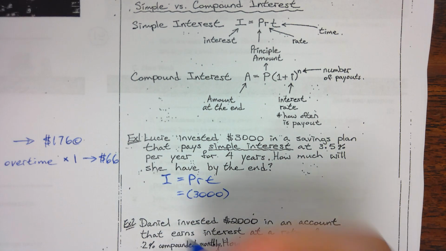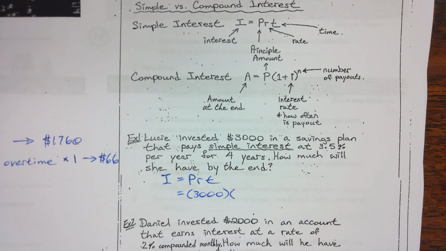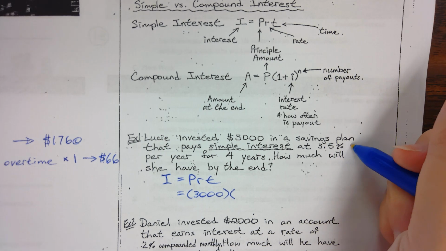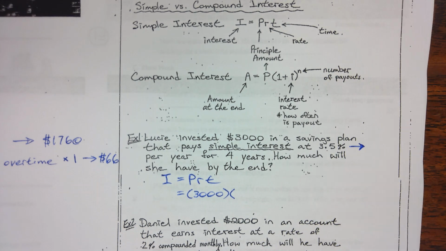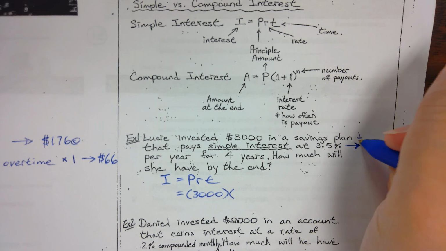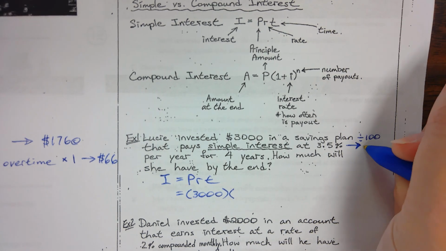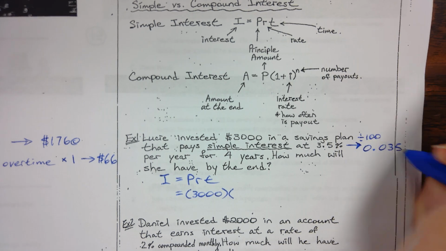Remember, it's times in between. What's the rate? 3.5%. So in any math, what do I have to do with that percentage? You have to always divide it by 100 to change it to a decimal. So 0.035.